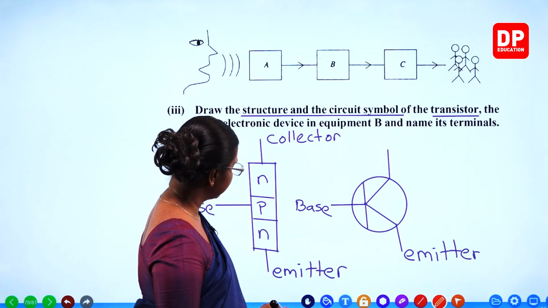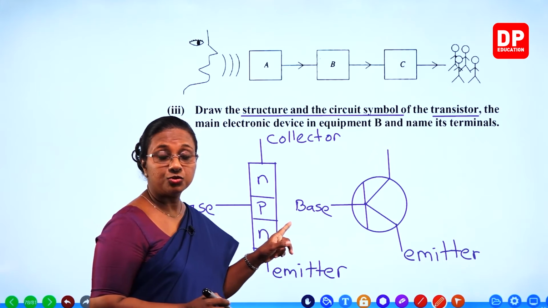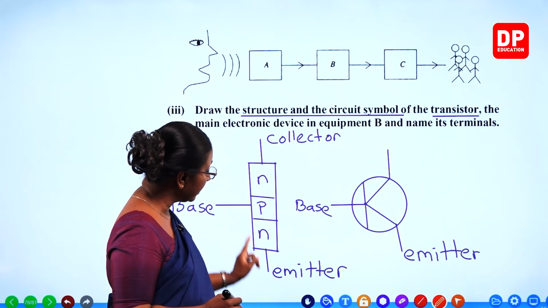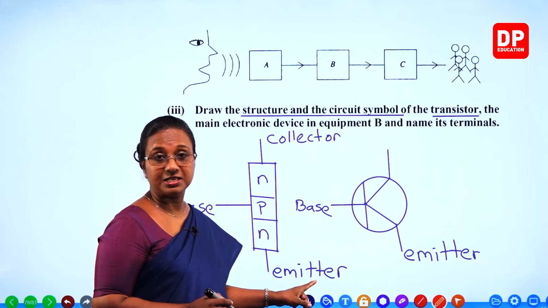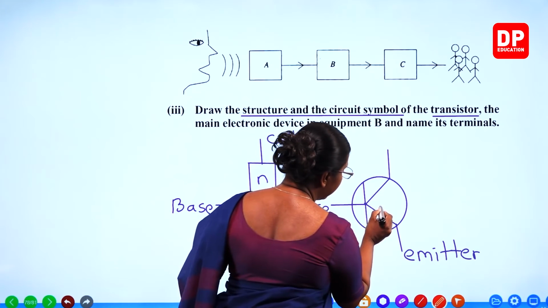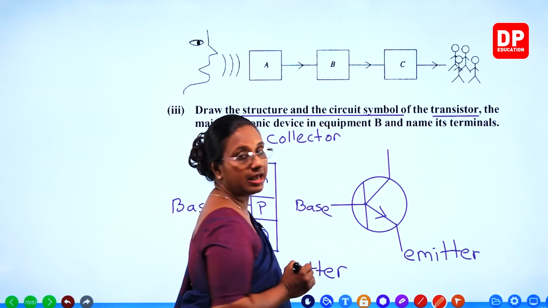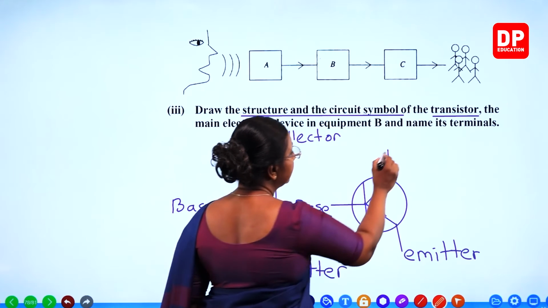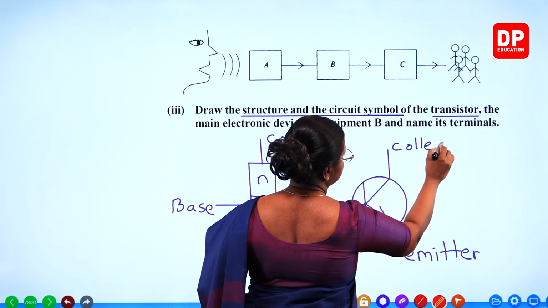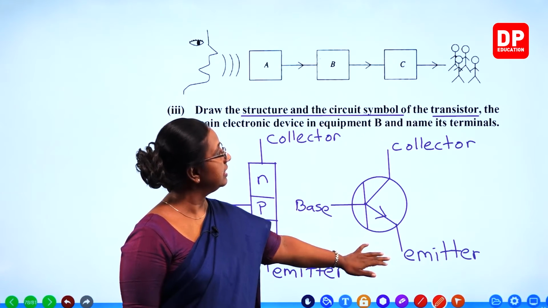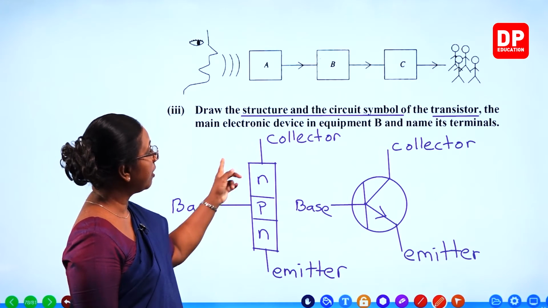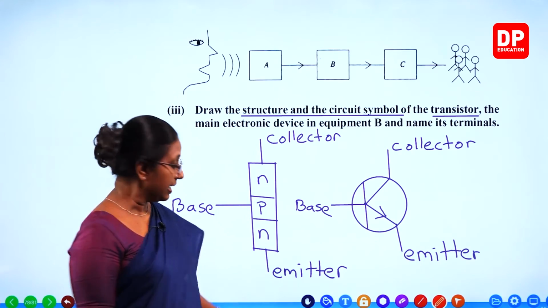Like I told you all, the current flows from collector to emitter, so from base towards the emitter. Then the arrowhead has to be in this direction. And this will be the collector. So this is the diagram, the circuit symbol of the NPN transistor.